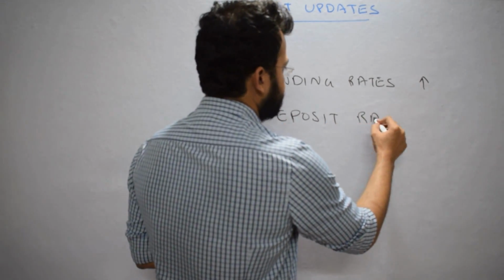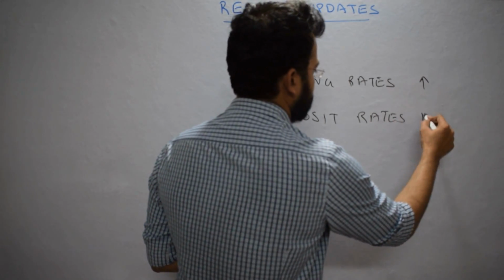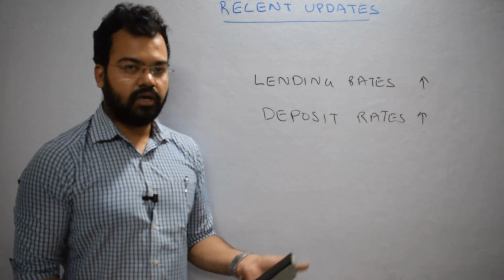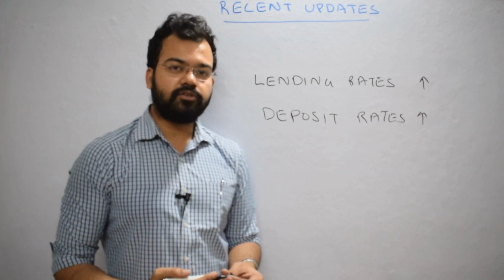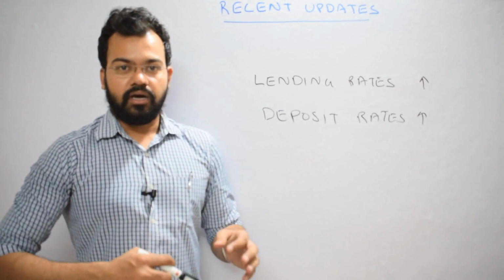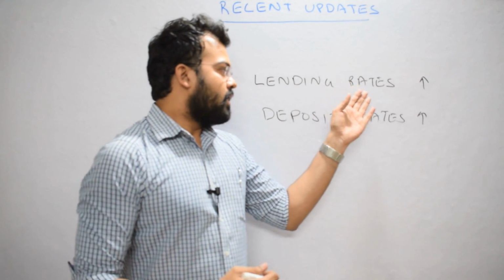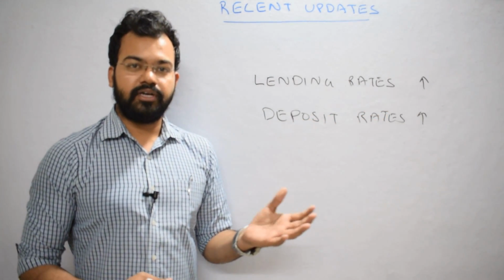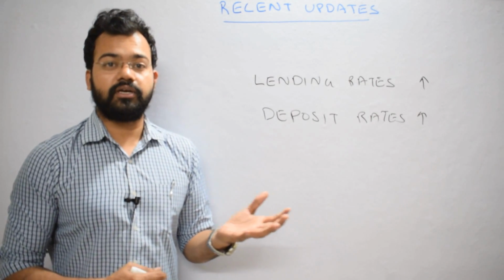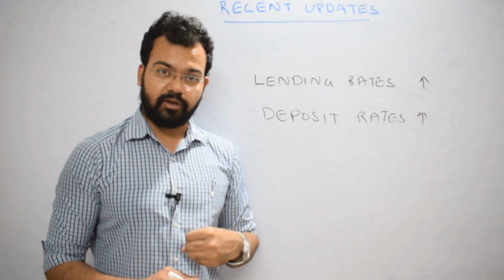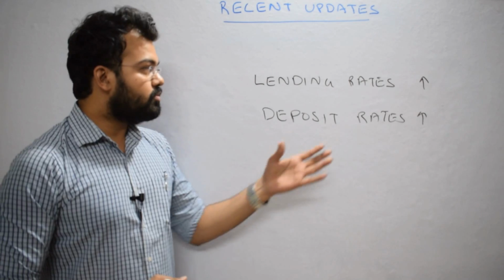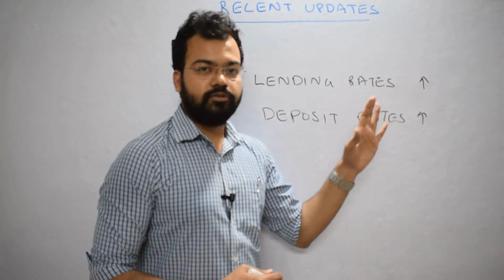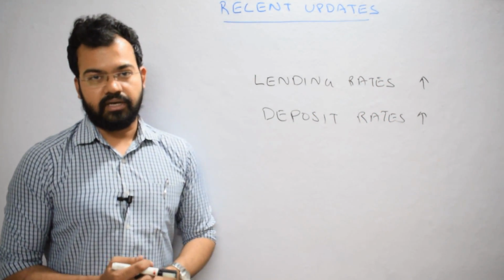Deposit rates will also go up, because State Bank of India is offering 3.5% on deposits. When RBI increases the repo rate, it is costlier for commercial banks to borrow money from Reserve Bank of India. That is why they need to hike these two rates in order to maintain liquidity in the market.